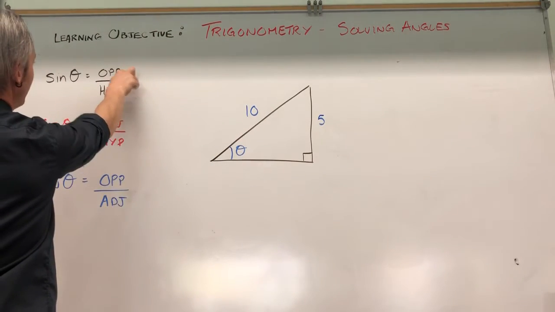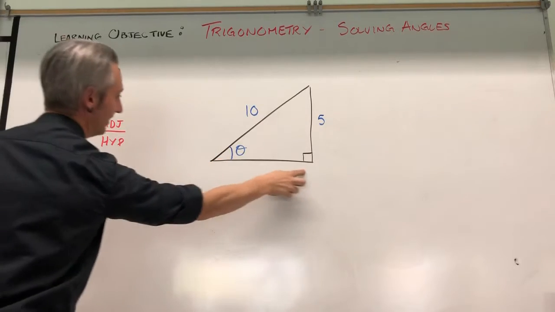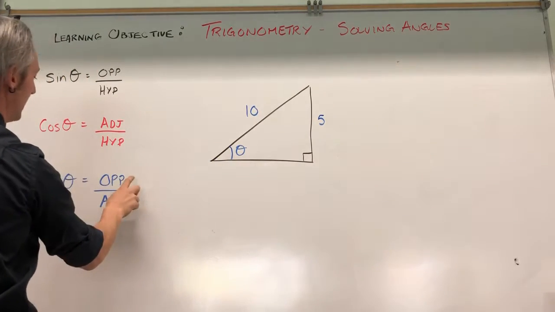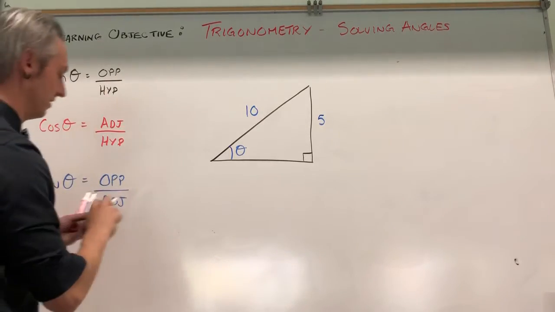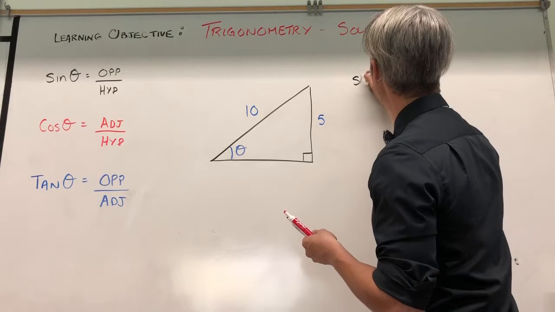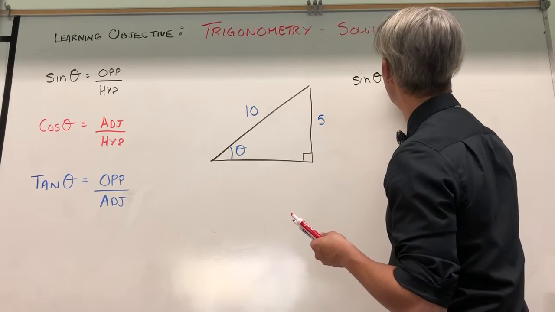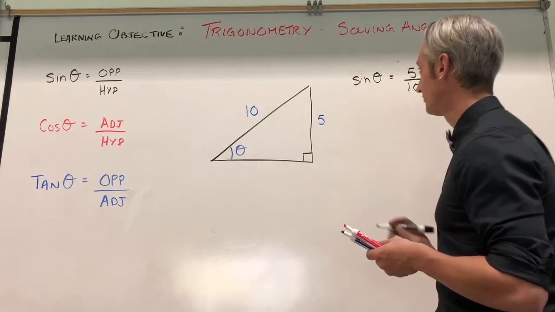Right at the top, sine, because I don't have an adjacent side for the tan. So I use sine: sine theta is equal to 5 divided by 10.